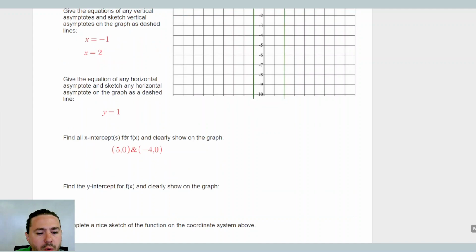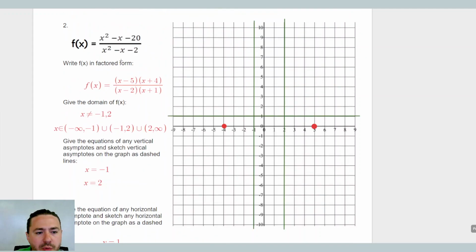Okay, find the y-intercept. So the y-intercept is going to be when we plug in 0 for all these. So if we do that, if we've got 0 here, 0 here, 0 here, 0 here, we've got -20 over -2, which when you divide that, you get 10. So the y-intercept is actually way, way up here. Kind of interesting.